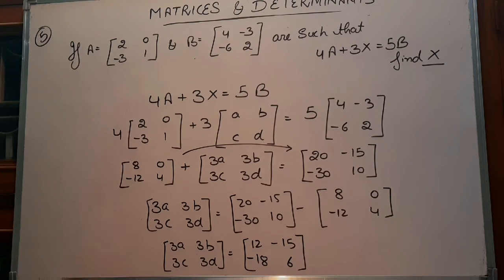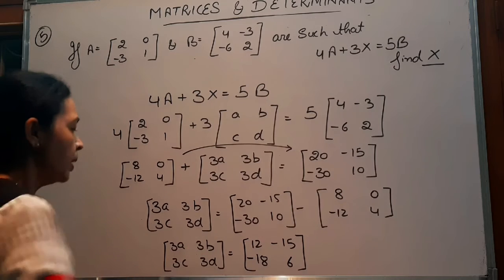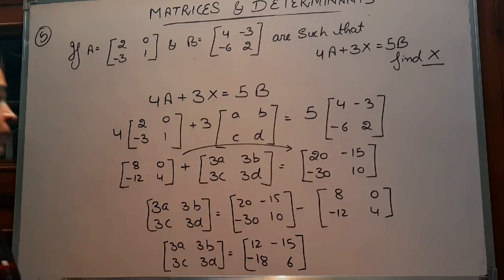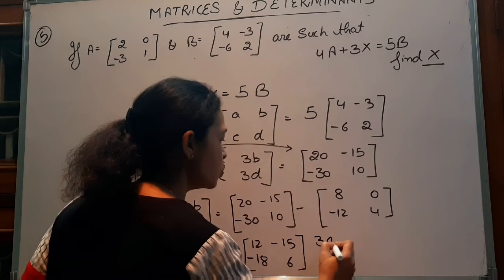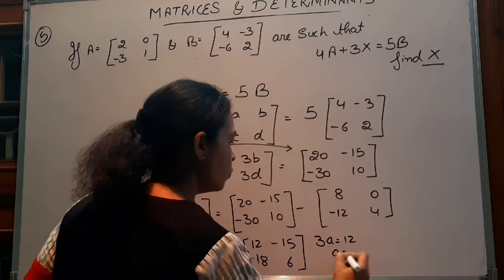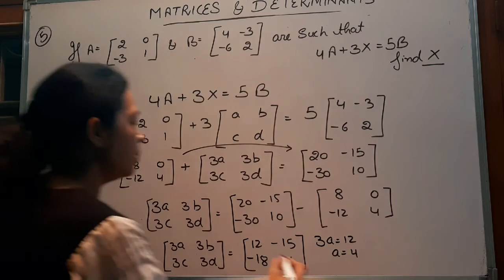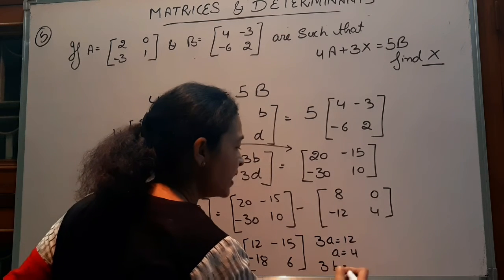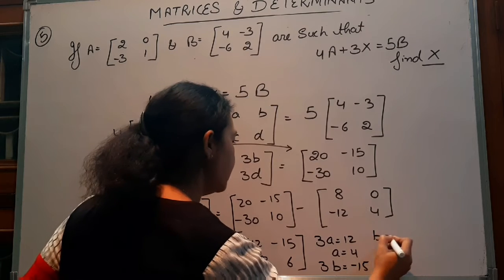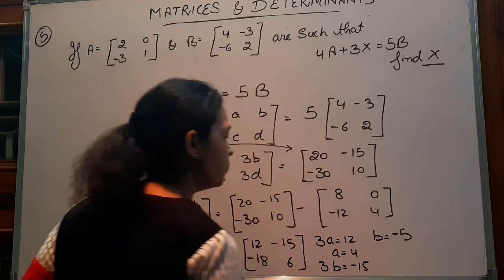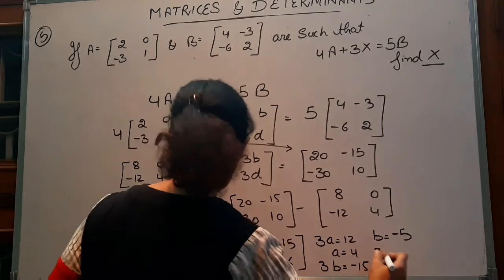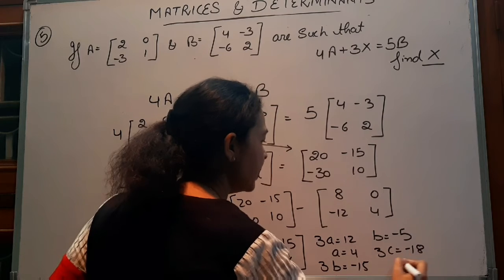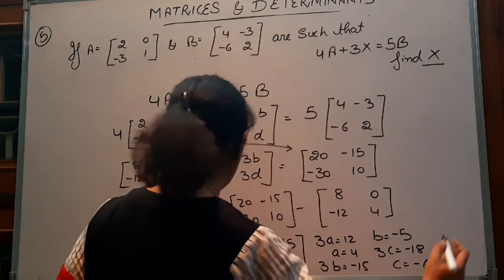What do we want? X. Now 3A equals 12, A will be 4. 3B equals minus 15, B will be minus 5. 3C equals minus 18 and C will be minus 6.